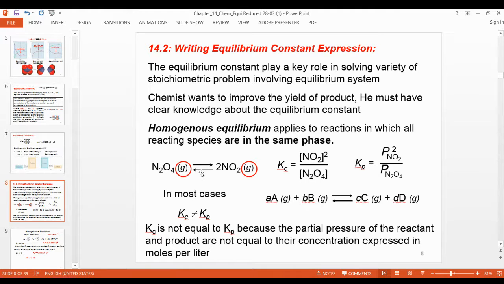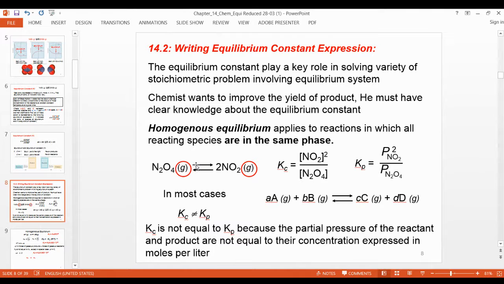So we studied two types of equilibria. Number one, homogeneous equilibria. This applies to reactions in which all the reactant species are in the same phase. Same phase means gases or aqueous. Aqueous means any compound which is dissolved in water.